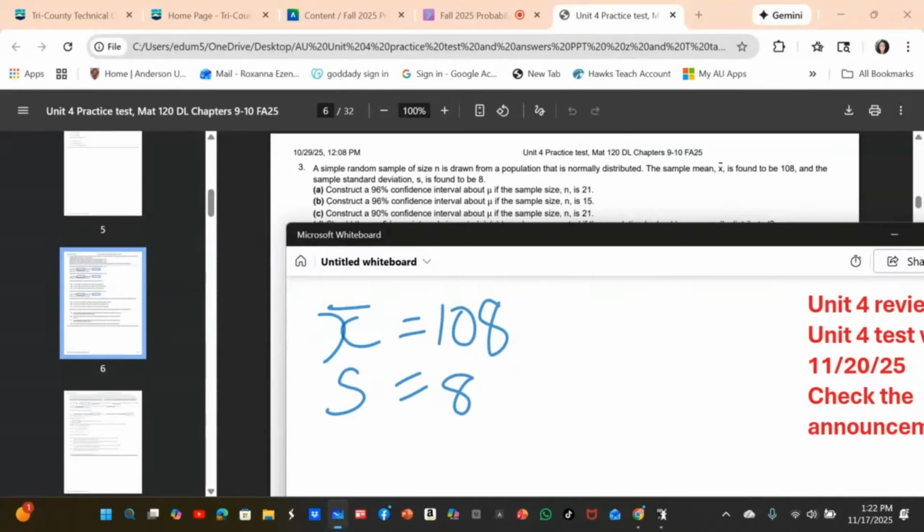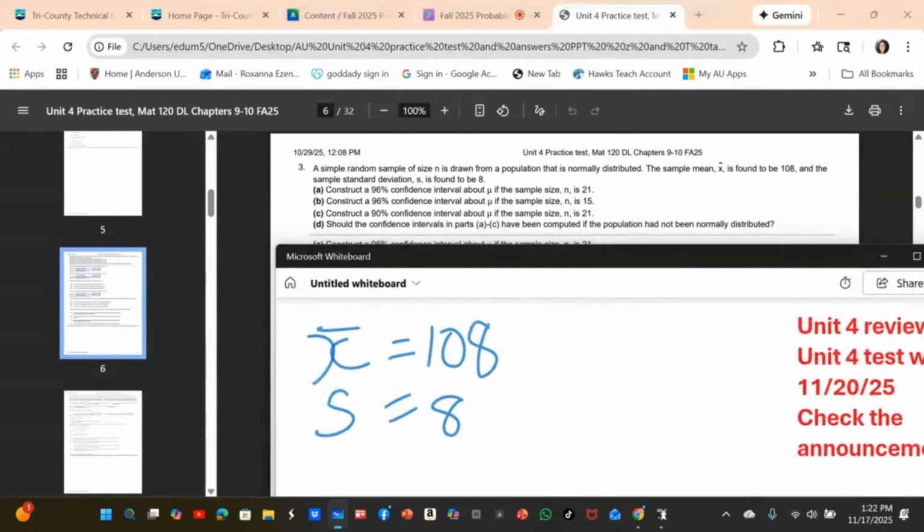And as we said the other day, we're not expecting the population mean and other things. Otherwise, what are we going to prove? So we're given the sample mean, sample standard deviation, and sample size. We're also given a sample size of 21 for question A.